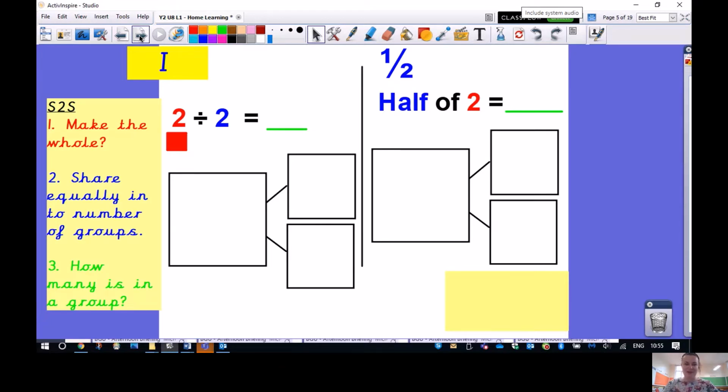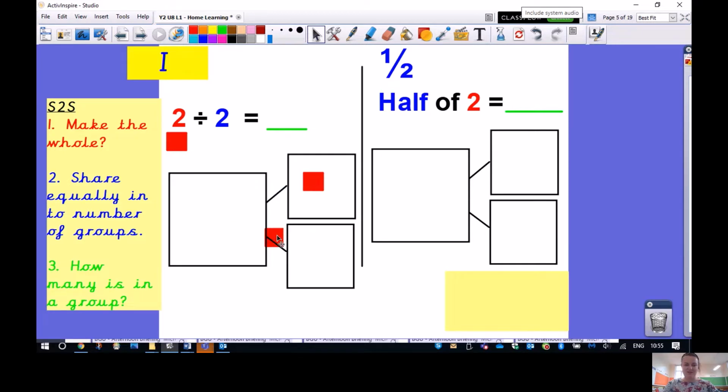So, step 1, make the whole. 2 divided by 2 equals. My whole is 2. I'm starting with 2 and I'm going to divide it into 2 groups. I make 2. I now have 2. My next step, share equally into the number of groups. How many groups do I have? 2.